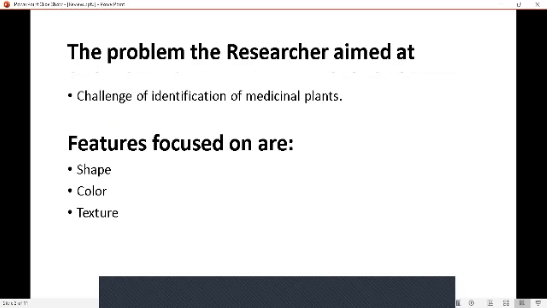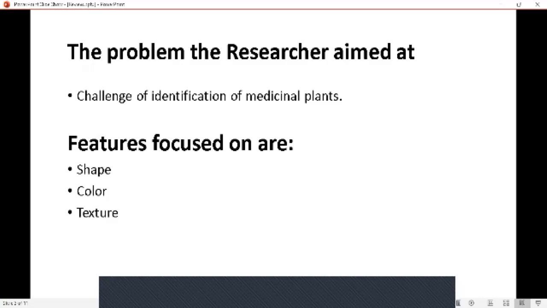And the features that these researchers were focusing on were three majorly, that is shape, color, and texture. In between there, we have shape, which has some other sub features, which include the eccentricity, the aspect ratio, the compactness, and all those can be used in the identification of the leaves.